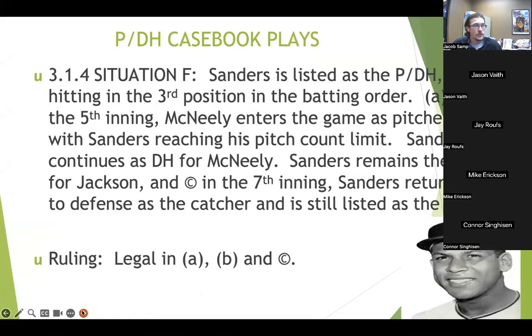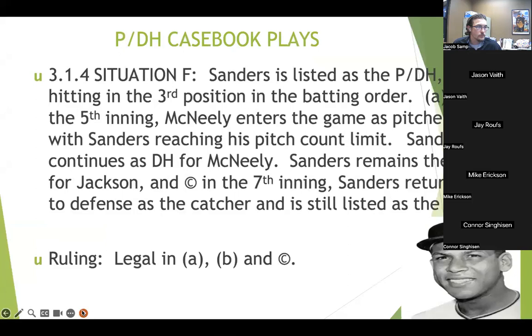A couple substitutions. The first one is Sanders is our player DH, and McNeely enters when he reaches the pitch count. Can Sanders stay in? Yes, because the offensive lineup has not been affected.